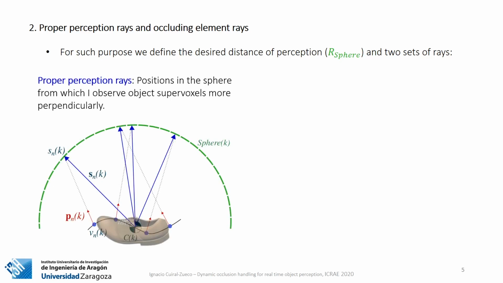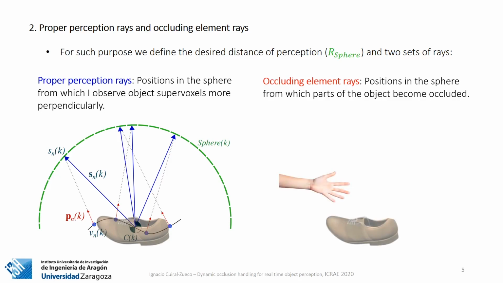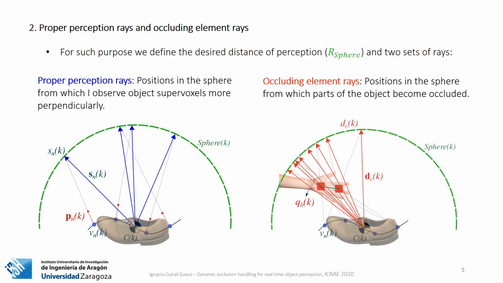The first set is the perception rays. These rays will tell me the positions in the sphere from which I can perceive the object more perpendicularly. The second set of rays is the occluding element rays, and they will tell me the positions on the sphere from which certain parts of the object become occluded.